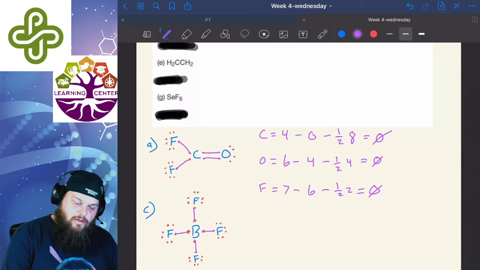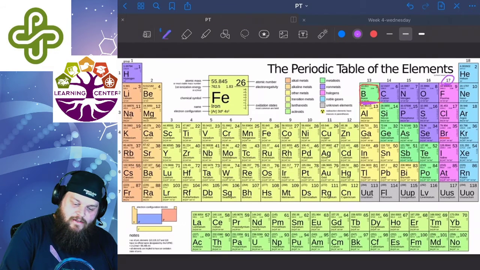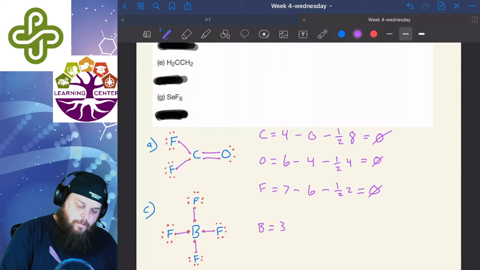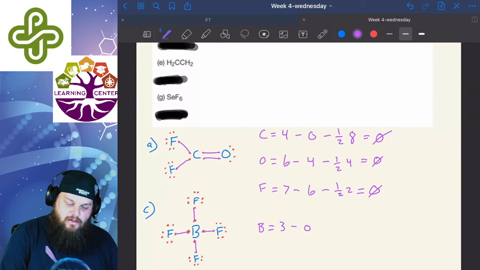And doing the formal charge on those, start with the boron. Boron has 3 valence electrons, like we just said, because it's in group 13. We're going to subtract from that the lone pair electrons, which is 0, subtracting then half of its bonding electrons, which it has 8 of, and that equals a -1 charge.